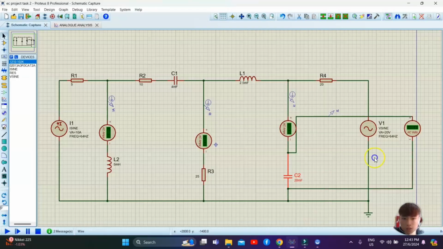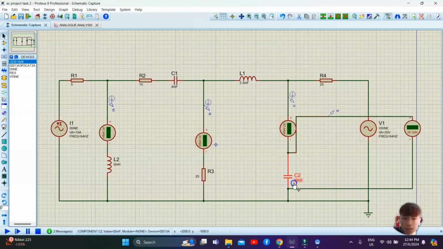Now I will open the software, and according to the circuit, here we have the resistors, inductors, and capacitors, and this is the meter to get the result, and also the power supply. R1 is 5 ohm, R2 is 10 ohm, R3 is 25 ohm, and R4 is 20 ohm. Inductor L1 is 2.5 millihenry and L2 is 5 millihenry.